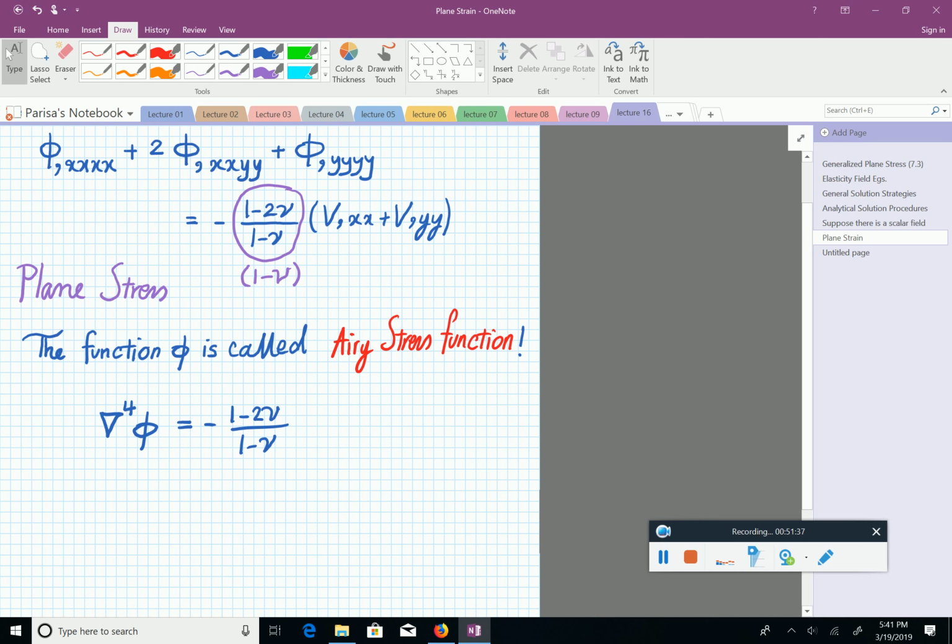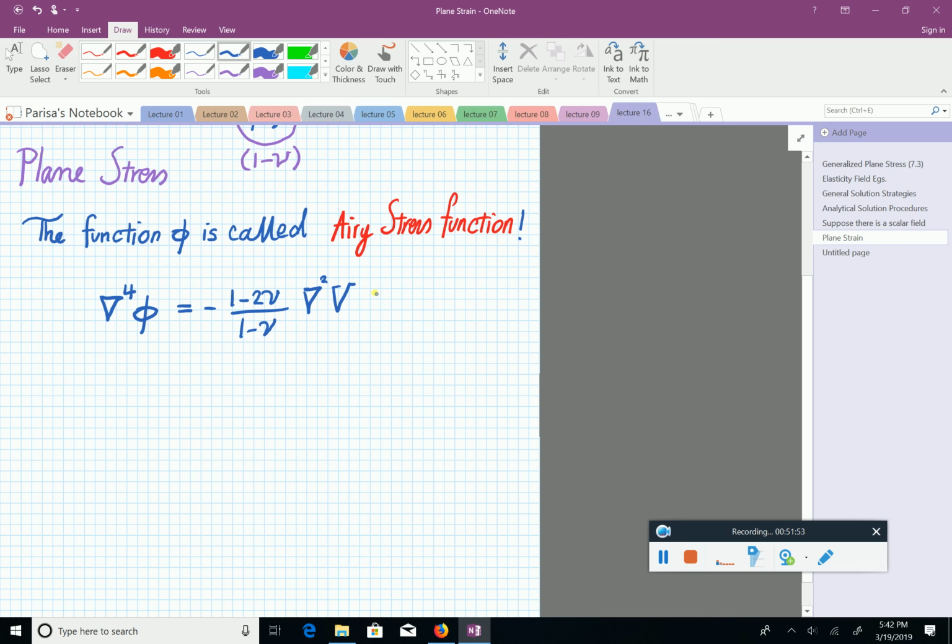And what do you have in parentheses in front? It's the Laplacian of V, right? So this is plane strain. And this Laplacian squared operator makes everything look very neat.